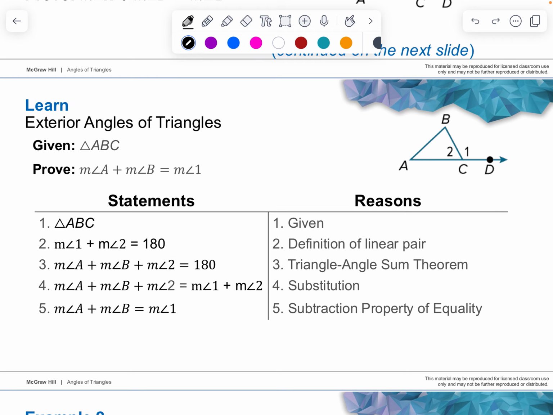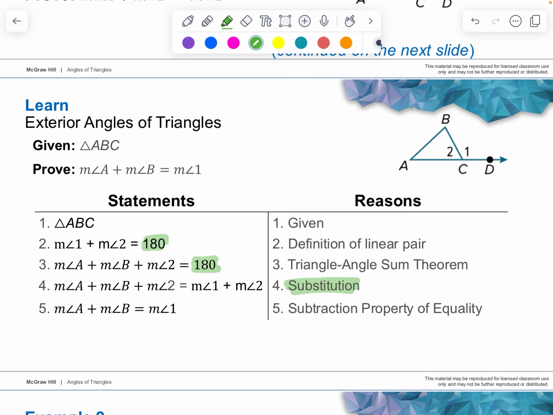A linear pair makes a line, and lines always equal 180 degrees. We also know that angle A, B, and angle 2 equal 180 degrees because of the triangle angle sum theorem. And because they both equal 180 degrees, we can set them equal to each other by substitution.